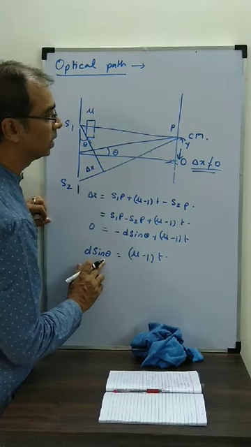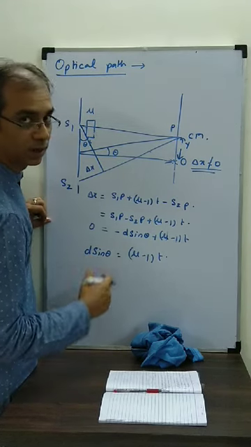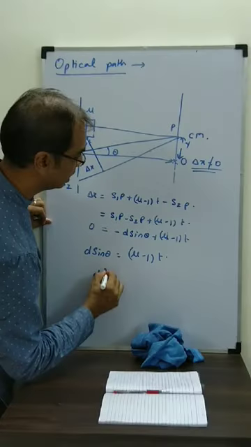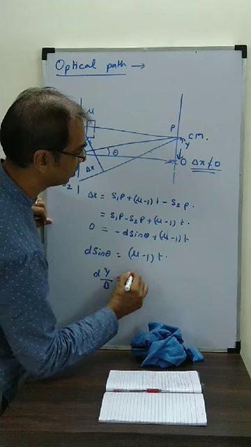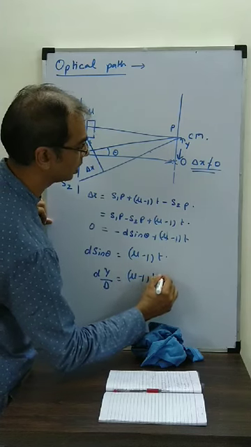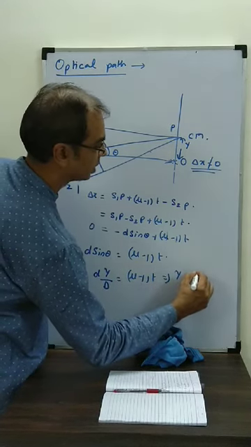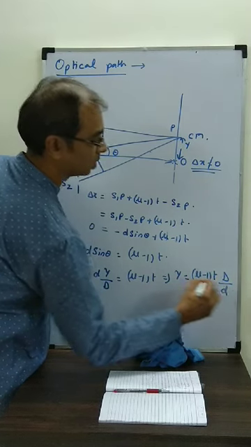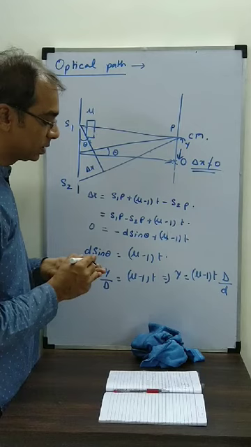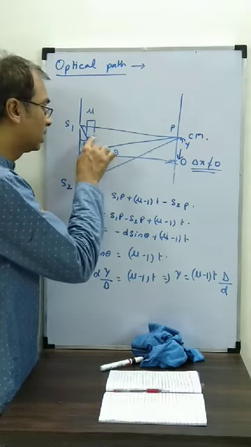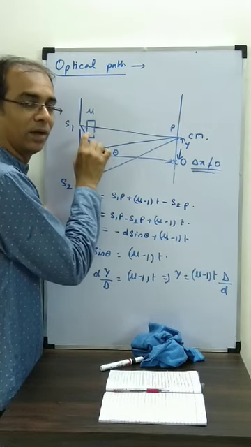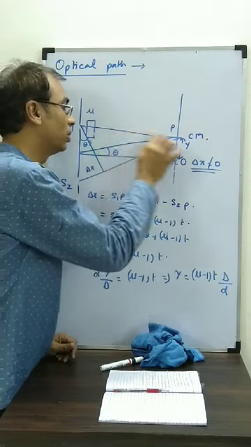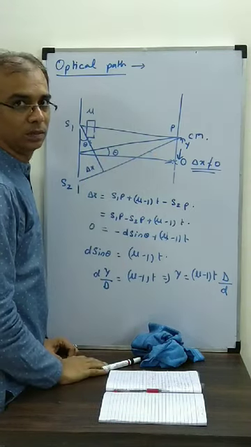And what is sin theta? You know that sin theta we can write as tan theta. It will be y by capital D. So d y by capital D is equal to mu minus 1 into T. That means the y value is mu minus 1 into T capital D by small d. Are you able to understand? If this glass slab is there, you have to add mu minus 1 into T in the geometrical path you are going to select.